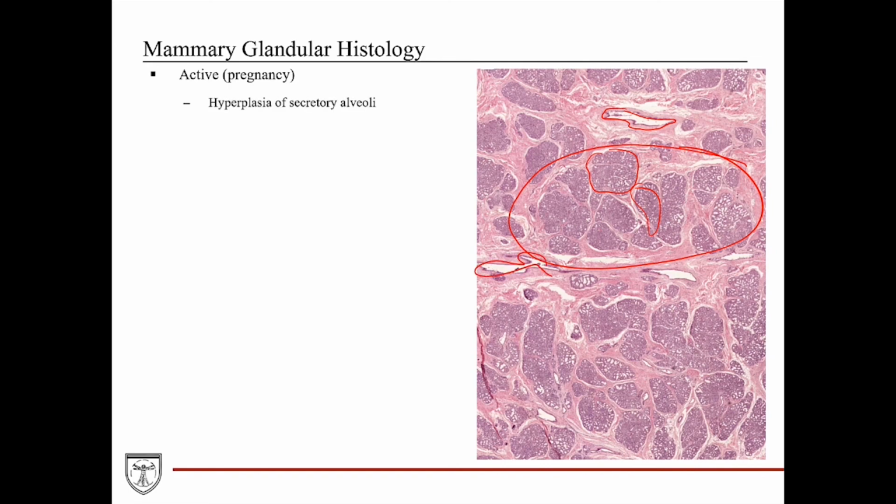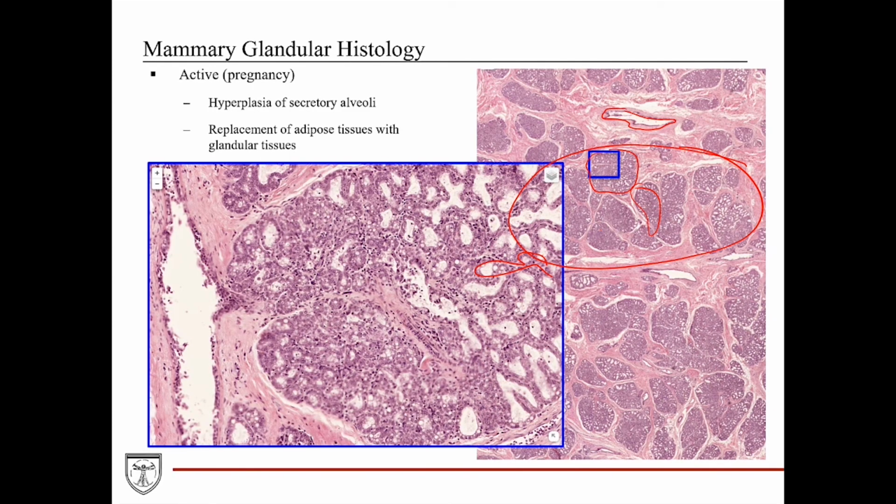So active mammary glands are characterized by the hyperplasia of the secretory alveoli and the replacement of adipose connective tissues with the glandular tissues. At higher magnification of the secretory units, once again, we can appreciate these large spherical to oval secretory units that are starting to dilate quite a bit, that are draining into the ductal components out here.